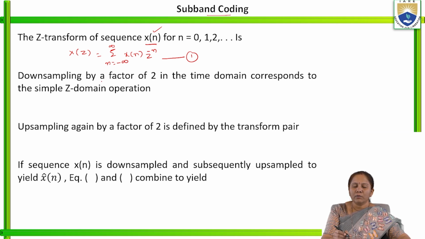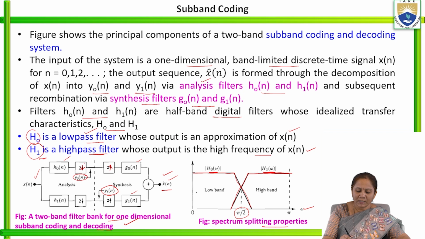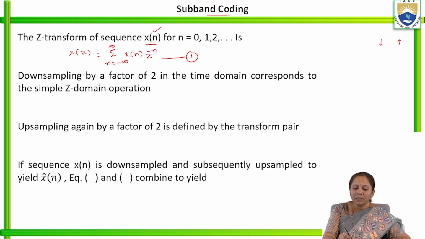Next, after considering x of n, we are going to apply downsampling and upsampling. We have seen downsampling and upsampling in the previous block diagram; they are done by a factor of 2. Downsampling by a factor of 2 in the time domain corresponds to a simple Z domain operation.